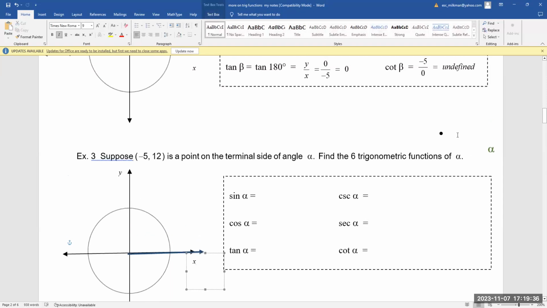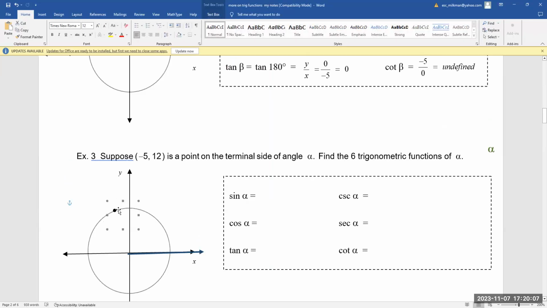But I need my point -5, 12 labeled, and I don't have a grid piece of paper here, but I'm going to assume that -5 is this way, and 12 is pretty far up with respect to my location. So x is -5 and y is 12. I'm going to say it's located right there. That's my point P.